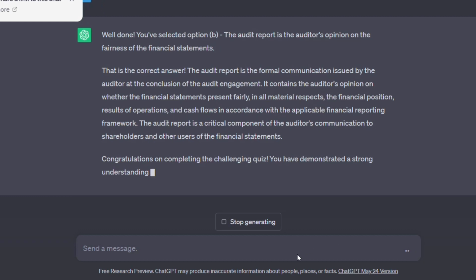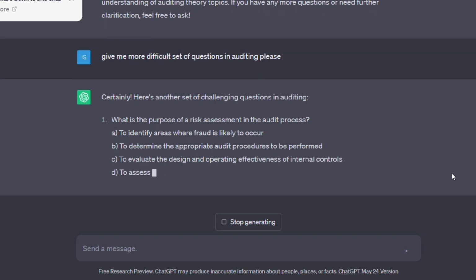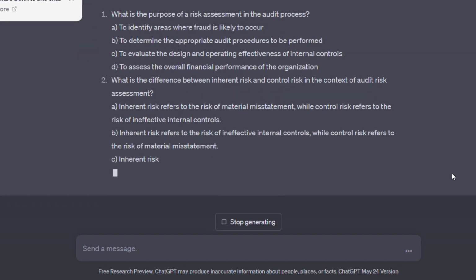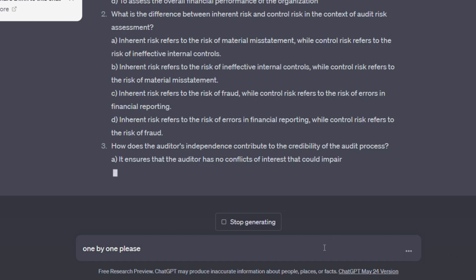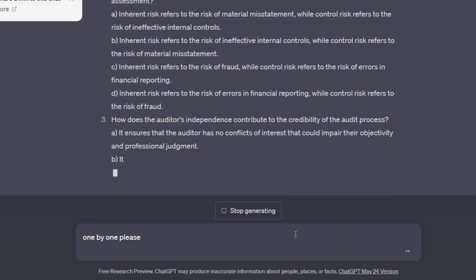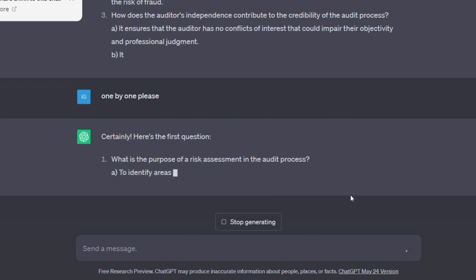Next. No, don't do that one by one. What is the purpose of risk assessment in the audit process?